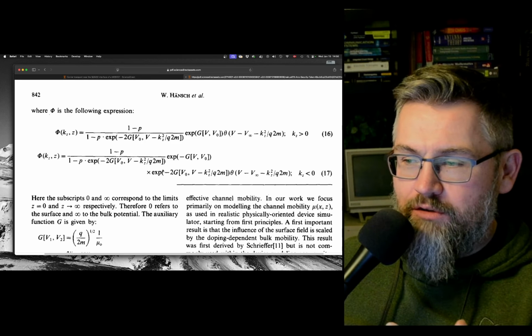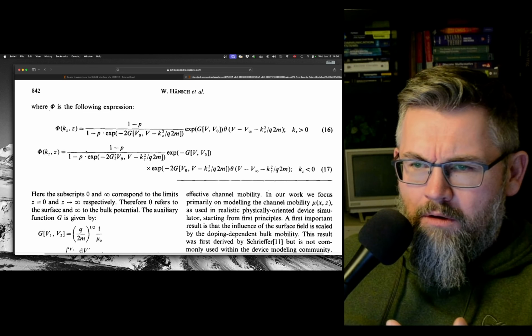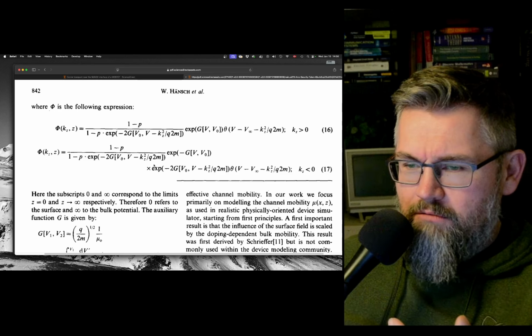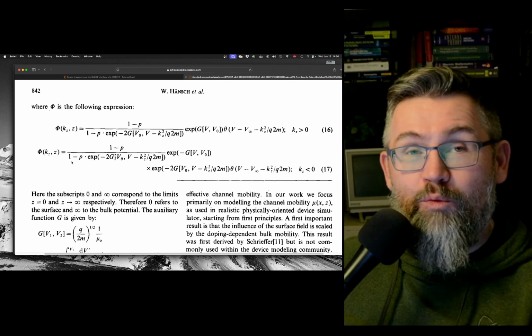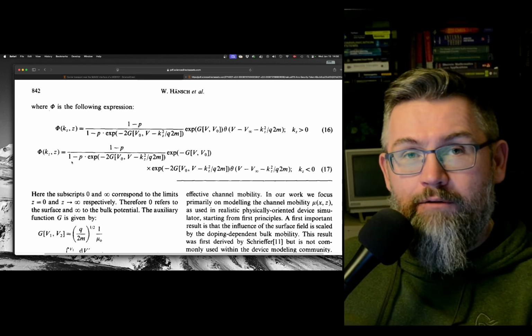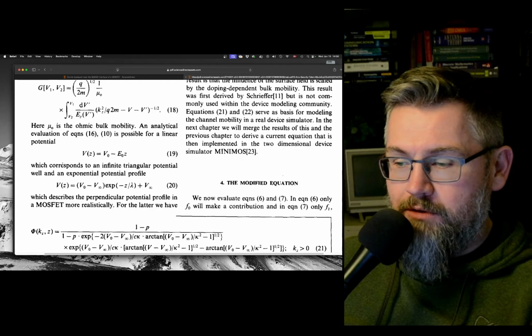So this big function is the wave function, and the absolute value of the wave function squared is the probability distribution of electrons.